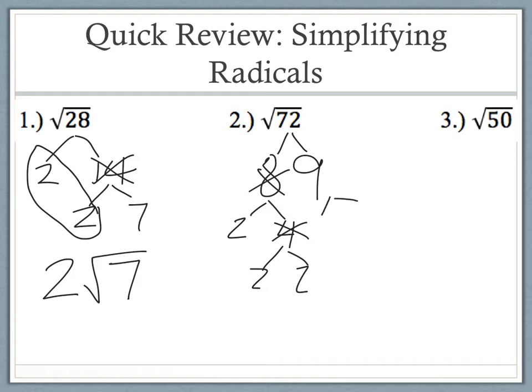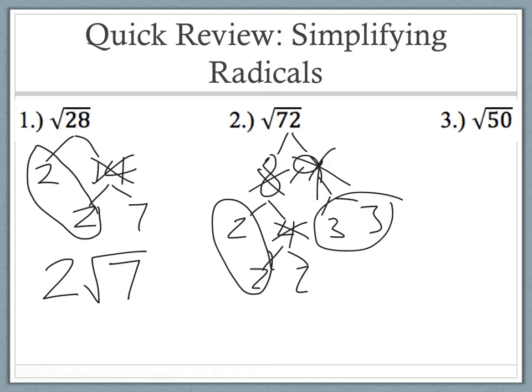Now if I break up 9, 9 is 3 and 3. Now we're looking for pairs. So I have a pair of 2's and a pair of 3's. So if I have two pairs that are coming out, we multiply those. So 2 times 3 is 6. And then I'm left with this one 2. So that's going to stay inside of the square root.